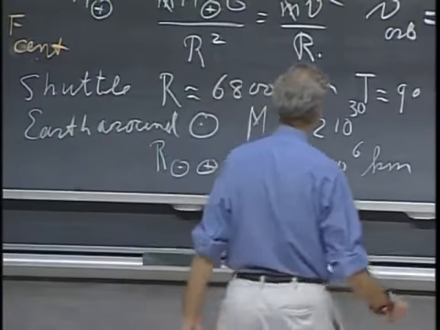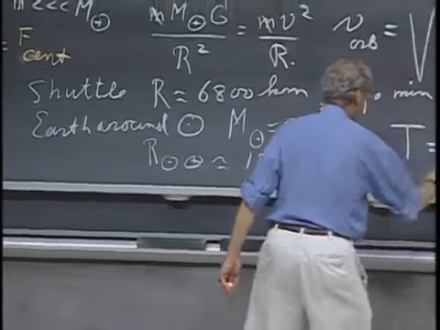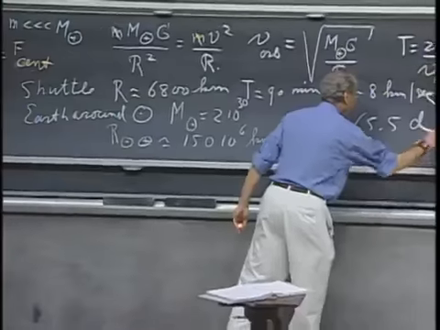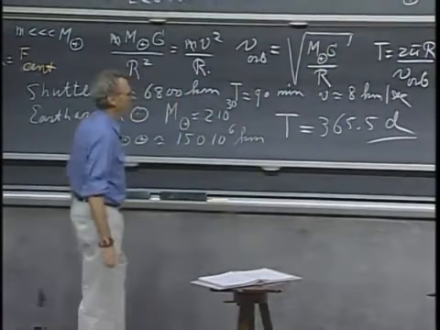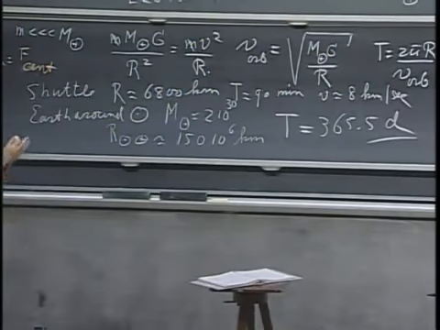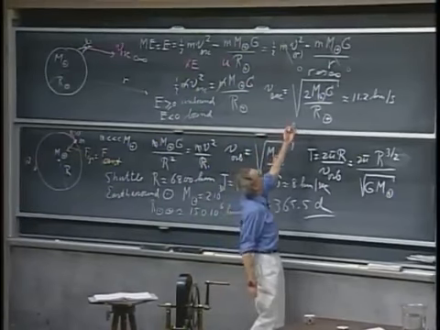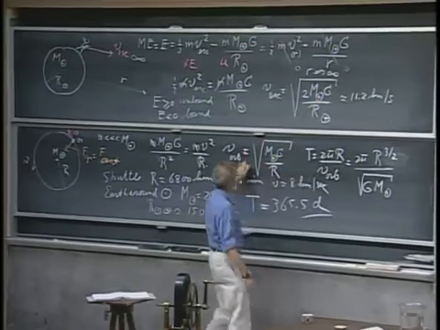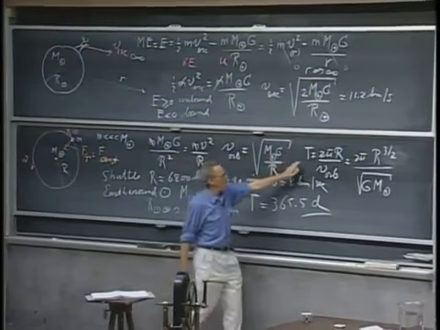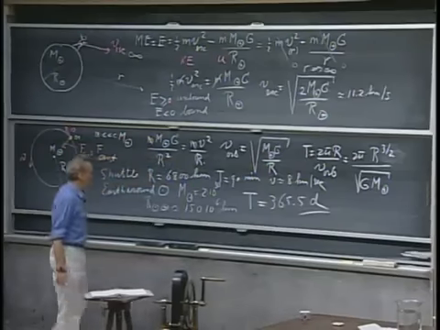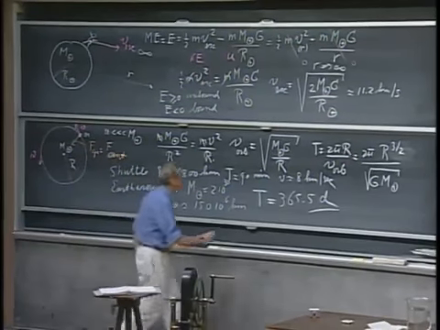And when you calculate how long it takes the Earth to go around the Sun, no surprise, you'll find 365.5 days. So it's simply substitution of these two quantities in the equation that I have here. The velocity of the Earth in orbit is about 30 kilometers per second.